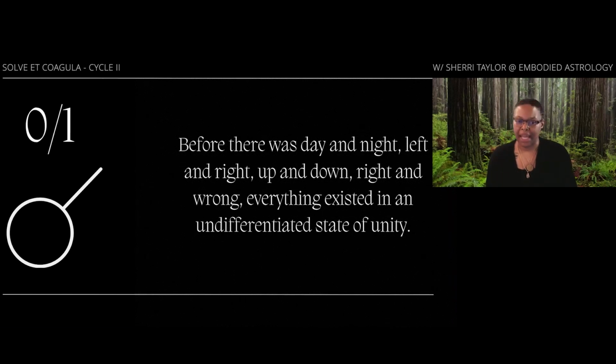About the monad: before there was day and night, left and right, up and down, right and wrong, everything existed in an undifferentiated state of unity. That is the essence of a conjunction. Or another phrase I found in the Quadrivium, a conjunction is the pregnant ground of all being.